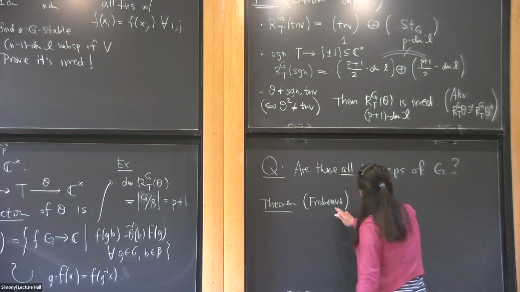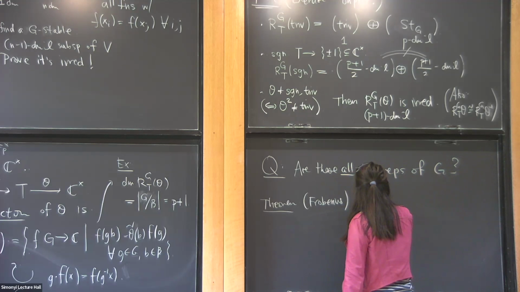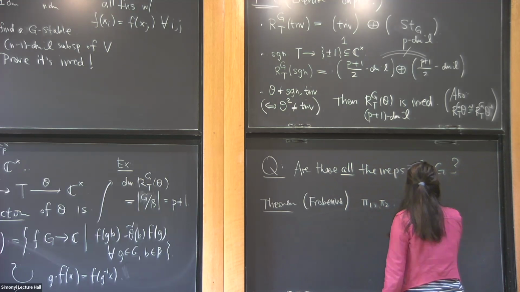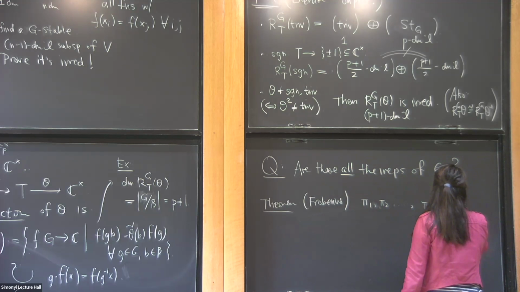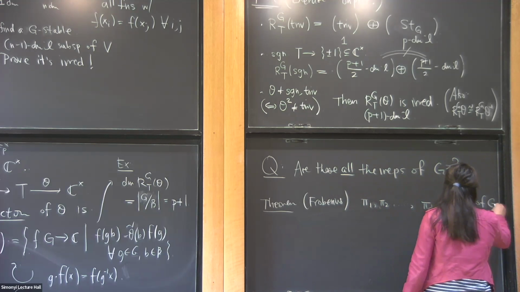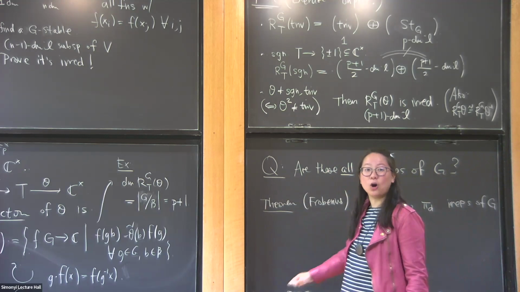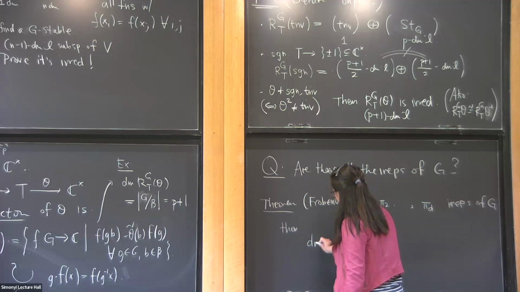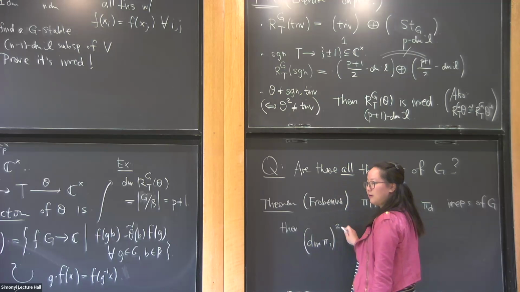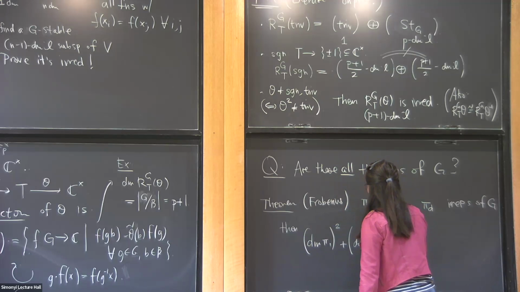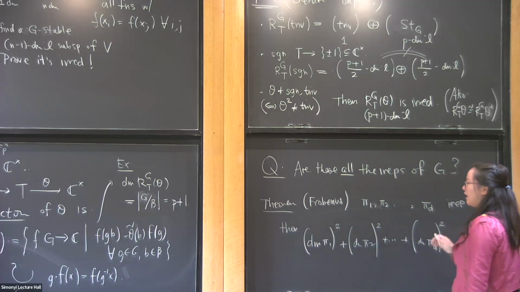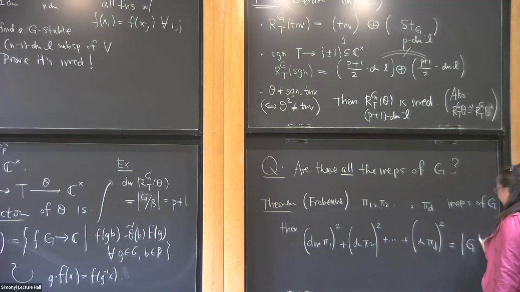Okay, so this is what Frobenius said. Frobenius says that if pi1, pi2, up to pi d are all the irreps of some G, and this applies not only to our particular G, but to all finite groups, then if you take the dimension of pi1 and you square it, you add the dimension of pi2 and you square it, and so on up to the dimension of pi d squared, this number is equal to the order of G. This is amazing.